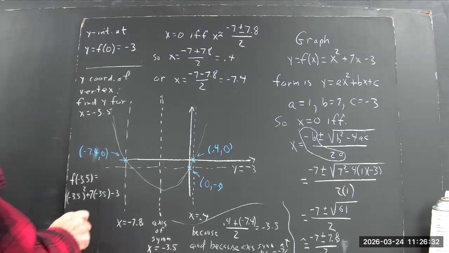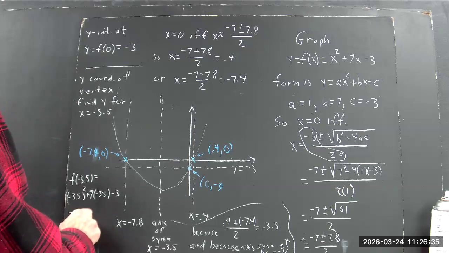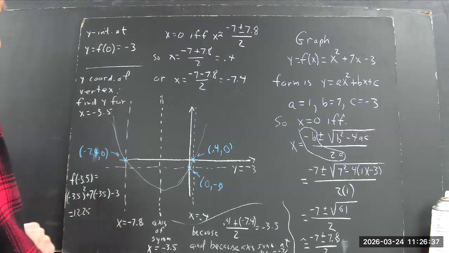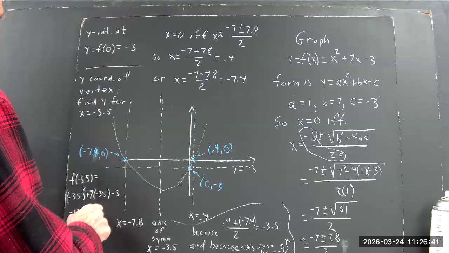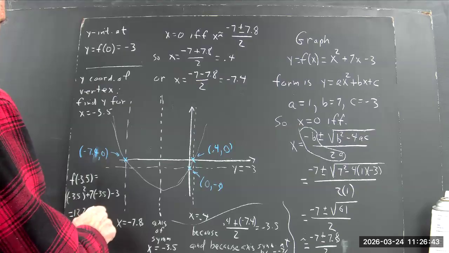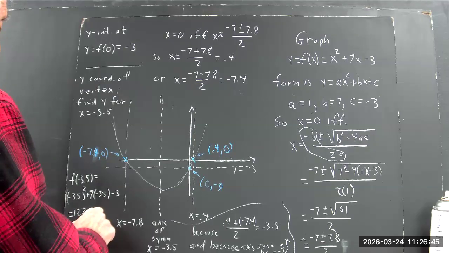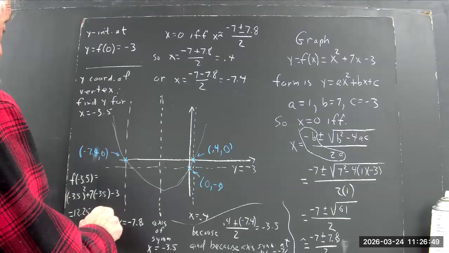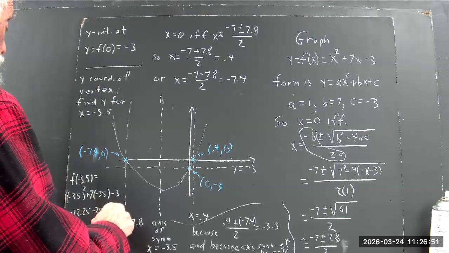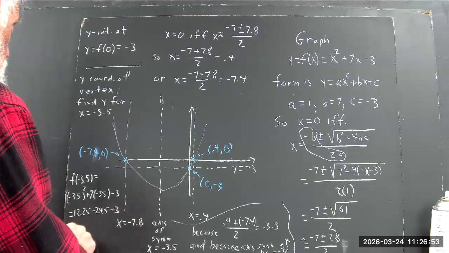Negative 3.5 squared is, I think, 12.25. 7 times negative 3.5 is negative 24.5, and then minus 3.